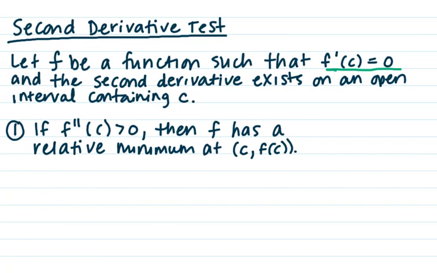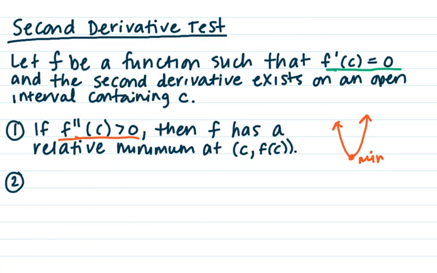Okay, and visually think about why that's the case, right? So if the second derivative is positive, then this means we have a concave up section of the graph, and thus anything with a slope of 0 would occur at a relative minimum.